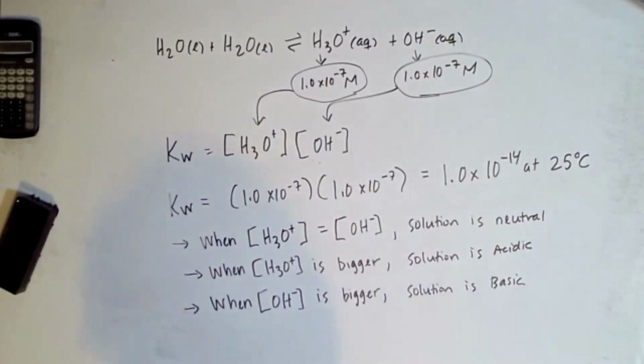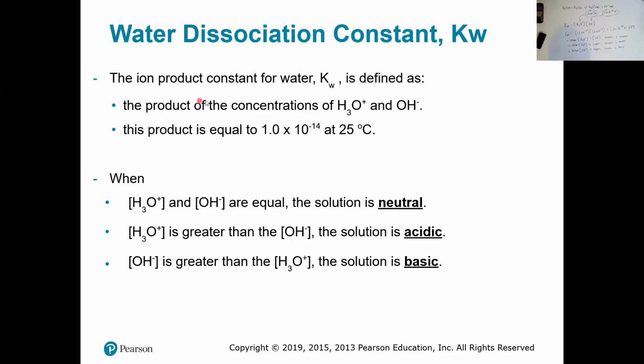Let's look at that recap on the slides. Okay, so our dissociation constant for water, or our ion product constant, which is Kw, is going to be the product of the concentrations of H3O plus and OH minus.